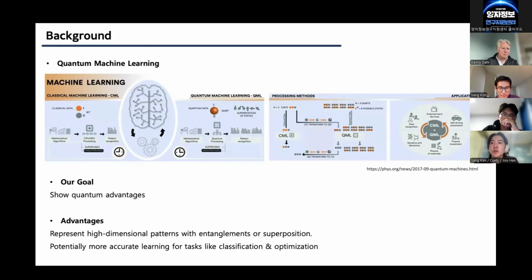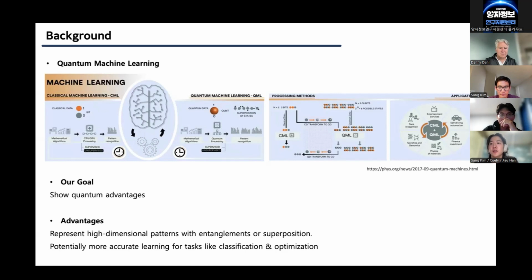Quantum models can represent complex patterns in high-dimensional spaces with relatively few parameters. For certain tasks like pattern classification or optimization, they have the potential to be faster or more accurate than classical models.